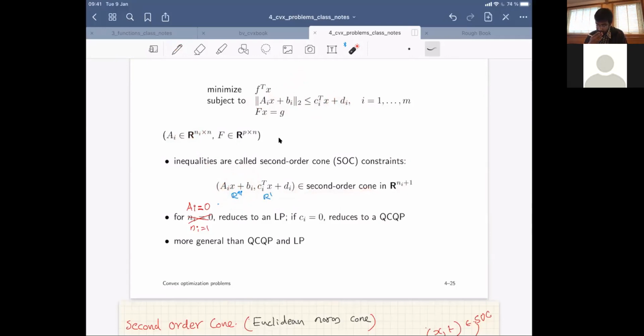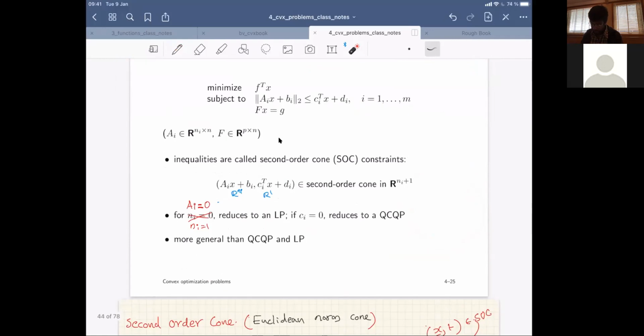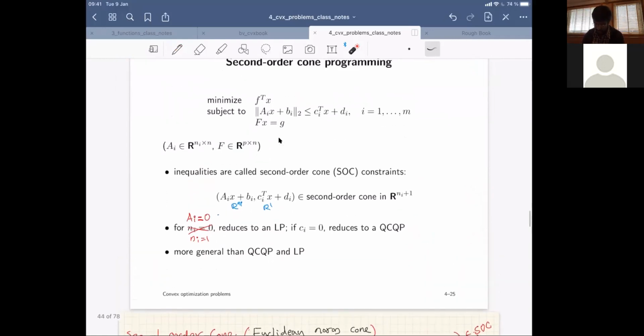So here you can see how this fits, for example, an LP as a second order cone program. For instance, if you just make A equal to 0, what happens?